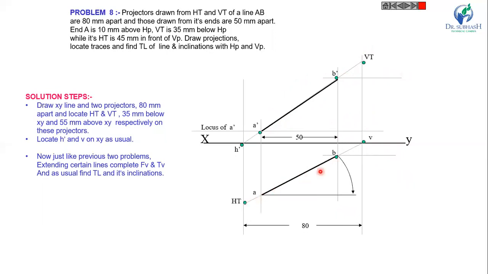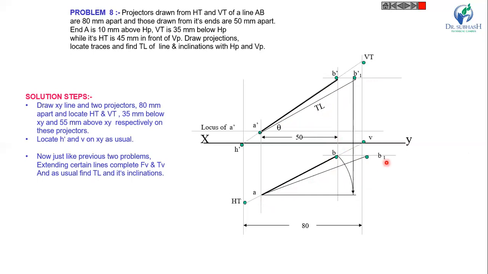So now with A as a center and AB as radius, draw an arc in this direction. Now extend up to the front view. So this point is B1 dash, join A dash B1 dash. It's a true length, and the inclination of the true length is theta. Similarly, you can find the true length here.